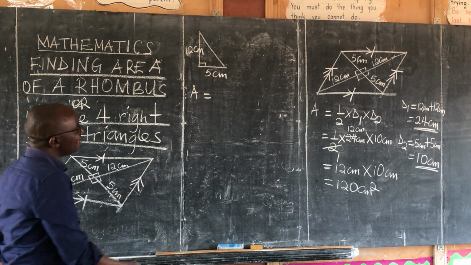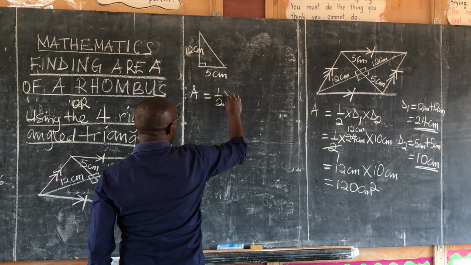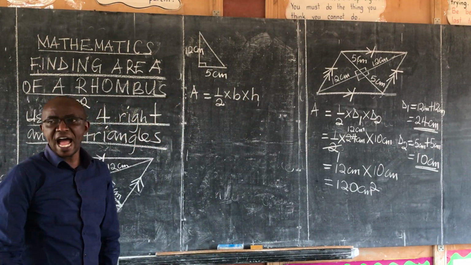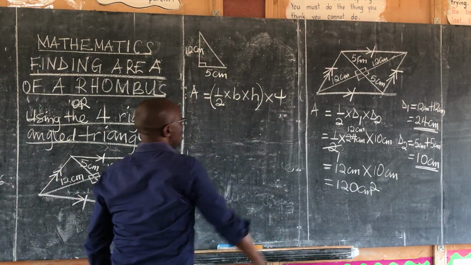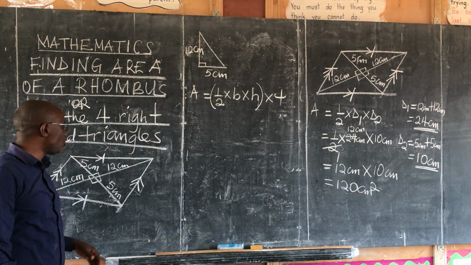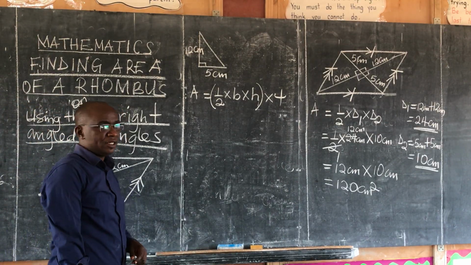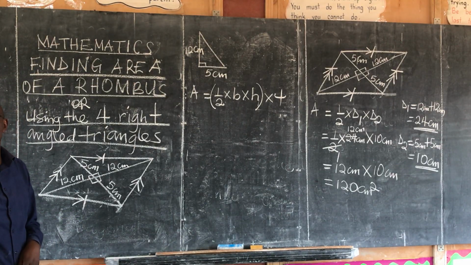That means when I get the area of one of them, which is a half times base times height, and after getting that area, I multiply it by 4. Multiplying it by 4, I'm trying to get the total area of all the triangles which make up the rhombus. Then I would have found the area of the rhombus.